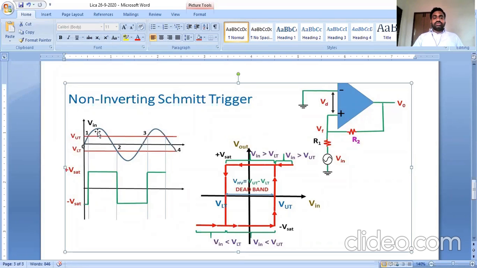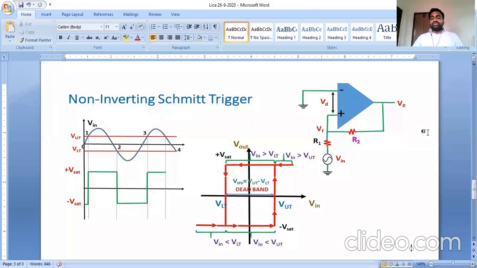If the input voltage is greater than the upper threshold value, here we have plus Vsat. And if the input voltage is greater than the lower threshold value, here we have negative saturation. If again the input voltage is greater than the upper threshold value, here we have plus Vsat. So these are the new specific conditions.